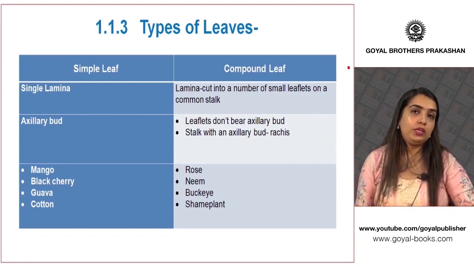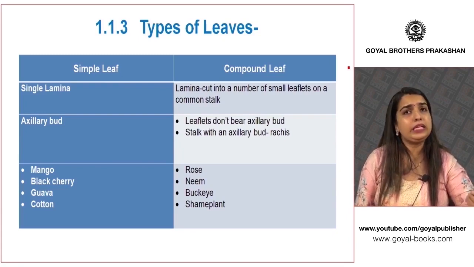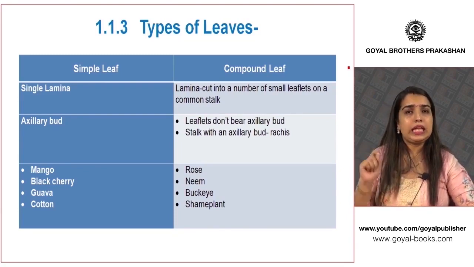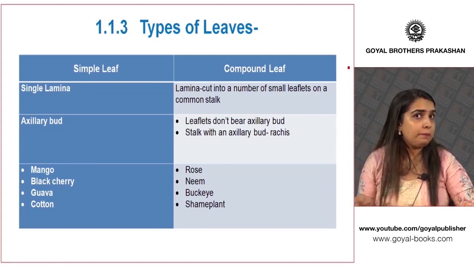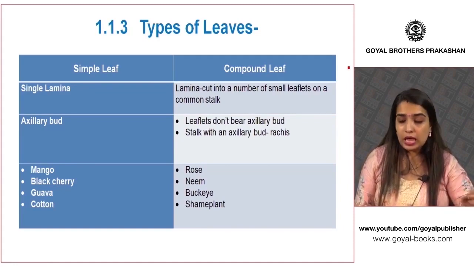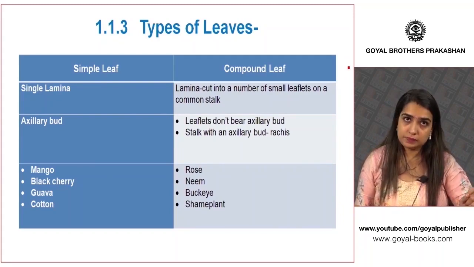So let's begin. We first begin with simple leaf. Simple leaf, as the very name suggests, has a single lamina. That means it is a continuous single lamina, whereas in a compound leaf, lamina is cut into small leaflets, but they are on a common stalk.